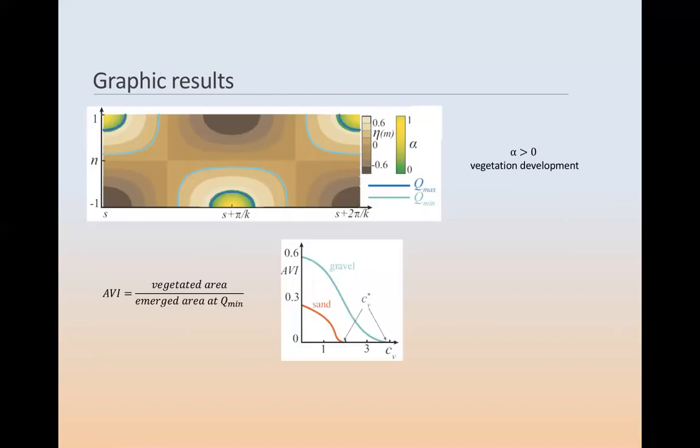And all this depends on, as I already said at the beginning, the coefficient of variation of the periodicity of the discharges. And you see that if I define an areal vegetated index as vegetated area over the emerged area at low flow conditions, we see that this index depends on the coefficient of variation of the discharges, and there is a threshold beyond which there is no vegetation development.